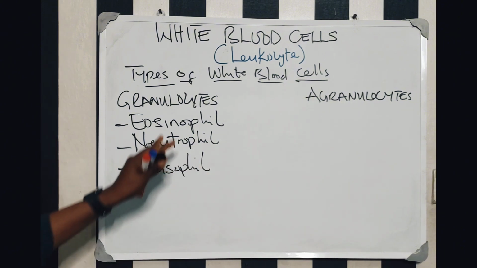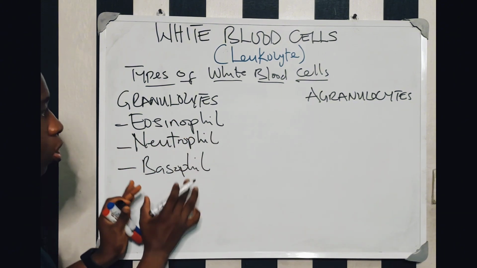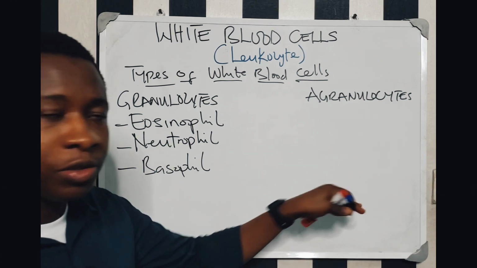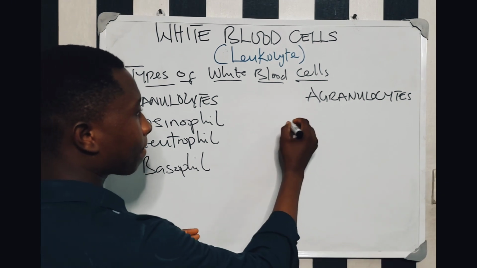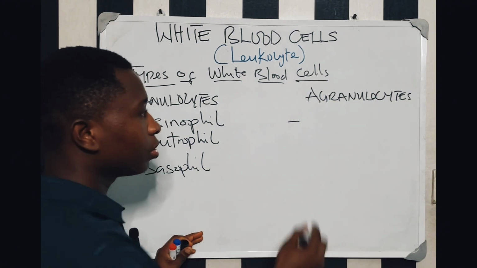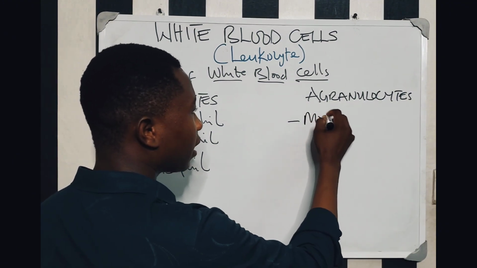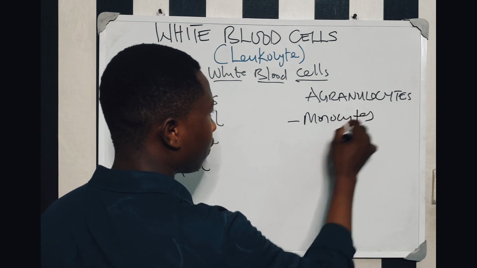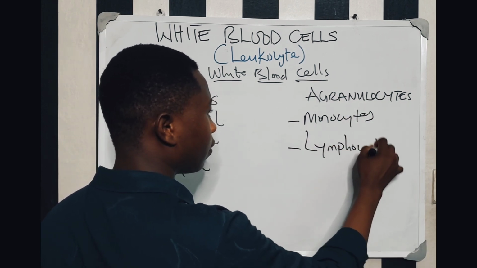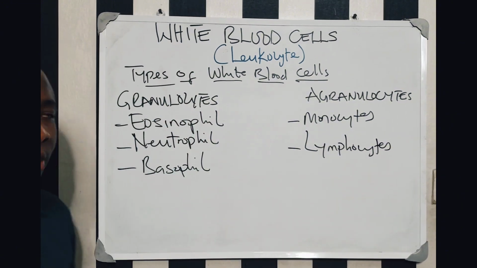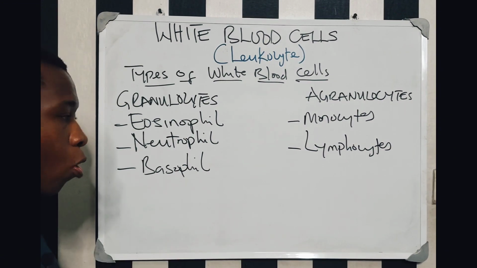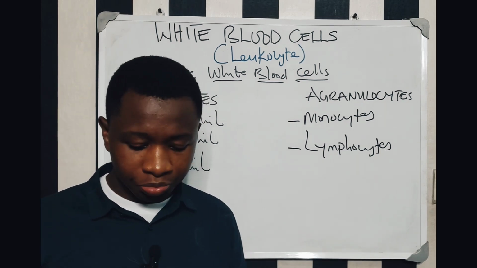These are the 3 white blood cells under the granulocytes. That means they contain granules. Now, the types of white blood cells that do not contain granules are monocytes and lymphocytes. Right? So we're going to be talking about the characteristics of these cells one after the other.